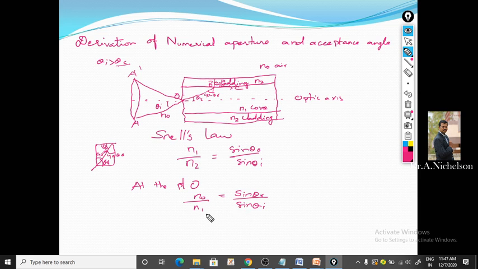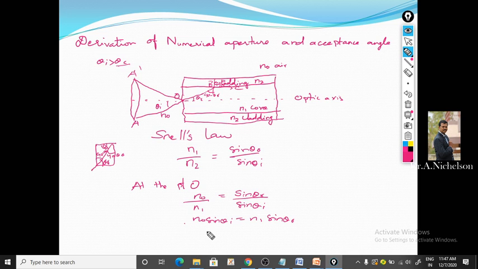So we get it written like this. Now from this you can write n0 into sin theta I is equal to n1 into sin theta r.